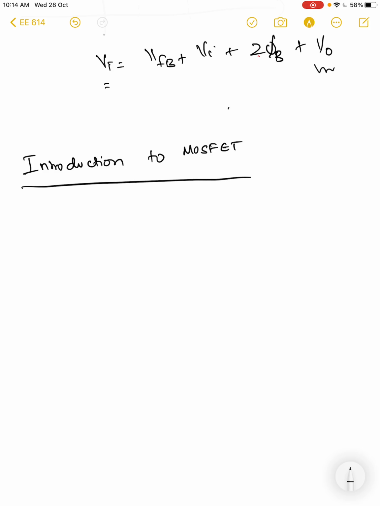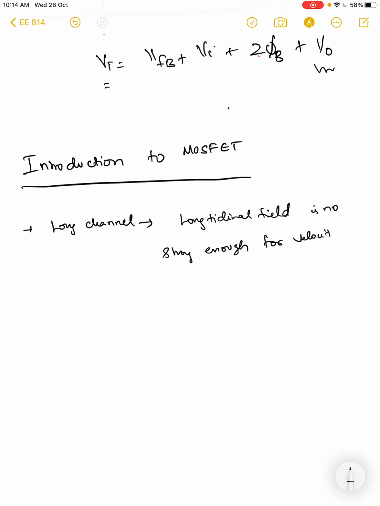So in our treatment with MOSFET, of course, many people here would have seen what is a MOSFET. So MOSFET is metal oxide semiconductor field effect transistor. We are going to deal with only long channel MOSFETs, which means that the longitudinal field is not strong enough for velocity saturation, and you are in the constant mobility limit.